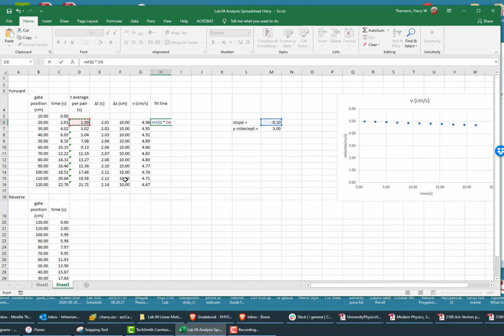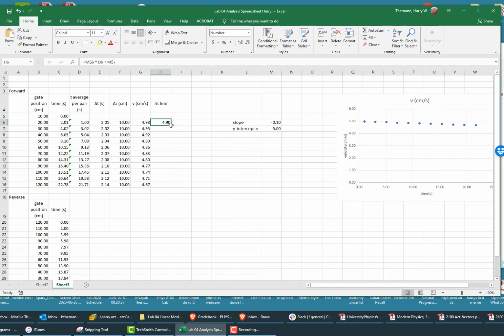So this is our t coordinate, the center of the pair, and then plus the y-intercept, and we hit the F4 to get the same thing as before, to 7. Yeah, because if I do everything in column H, it'll always stay with column M. Without the dollar sign, it's called relative addressing, and with the dollar sign, it's absolute addressing.